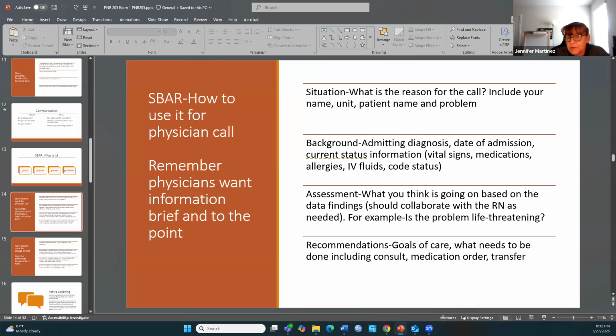Because you have to remember, we are with our patients, right? We are on shift, and depending on where you're working, you can have six patients in a hospital, or in my situation, 26 patients on a skilled rehab unit, okay?